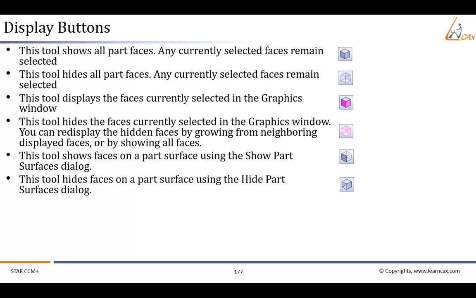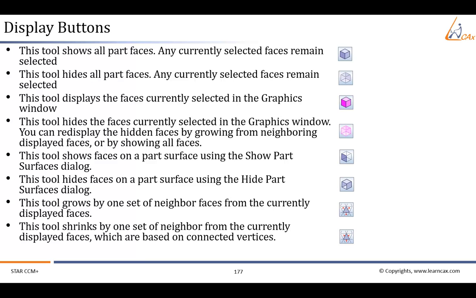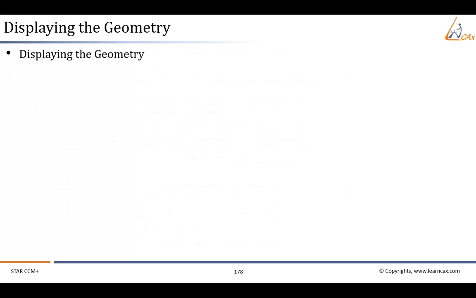This tool hides faces on a part surface using the Hide Part Surfaces dialog. This tool grows by one set of neighbor faces from the currently displayed faces. This tool shrinks by one set of neighbor faces from the currently displayed faces, which are based on connected vertices.